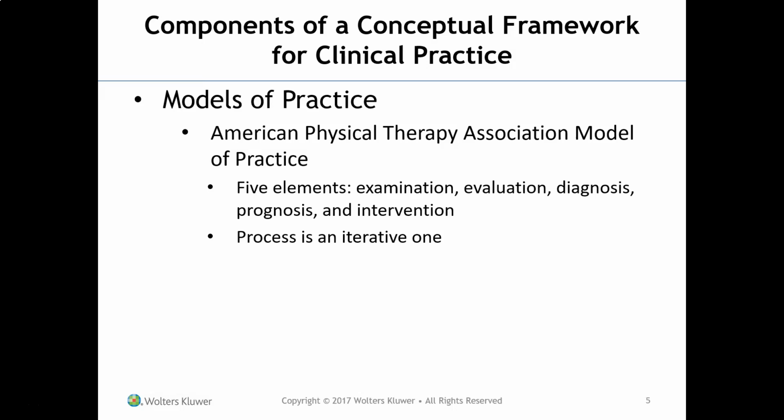So, the models of practice: the American Physical Therapy Association Model of Practice has five elements: exam, evaluation, diagnosis, prognosis, and intervention. The process is an interactive one.